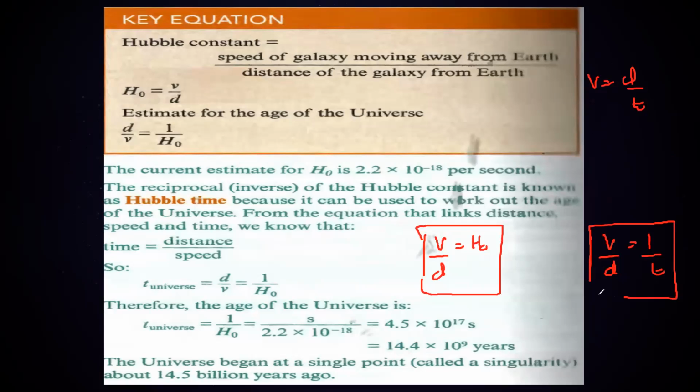According to another equation, speed divided by distance is 1 over time. So when we compare, we can say the Hubble constant is the reciprocal of time, or time is the reciprocal of the Hubble constant. When we substitute the value of the Hubble constant, which is 2.2 into 10 to the power minus 18, we get the time, and that time refers to the age of our universe.